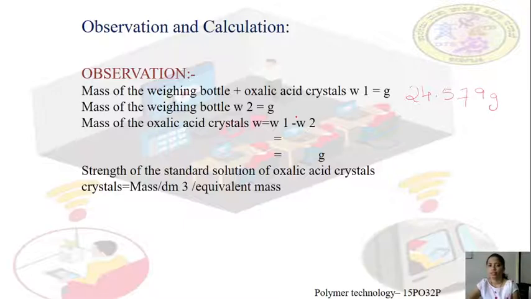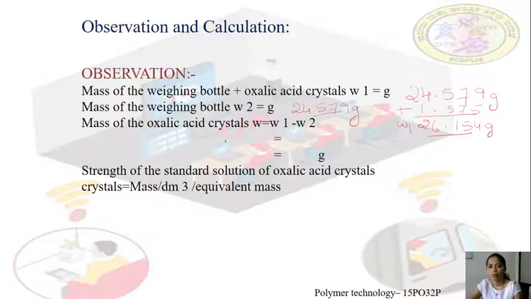The mass of the weighing bottle is 24.579 gram, plus the mass of the oxalic acid crystal, 1.575. So the mass of the weighing bottle plus oxalic acid crystals is 26.154 gram. This is W1, this is W2.